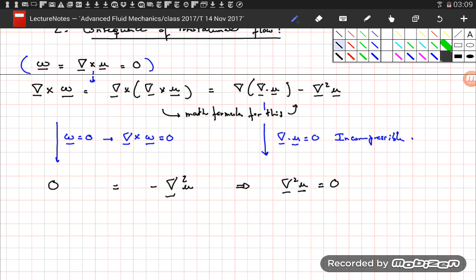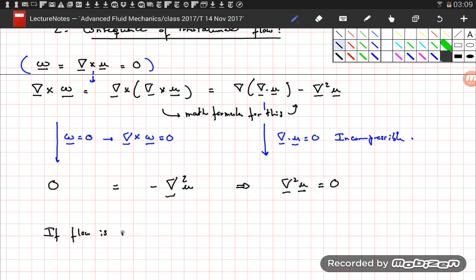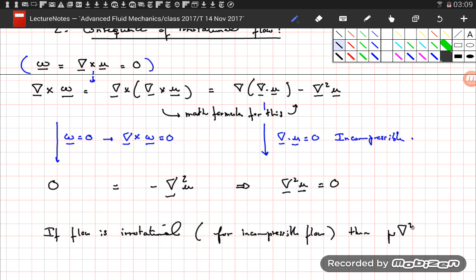So the direct consequence is that if the flow is irrotational and the flow is incompressible, and we need both, then the viscous term mu times the Laplacian of u is equal to 0.